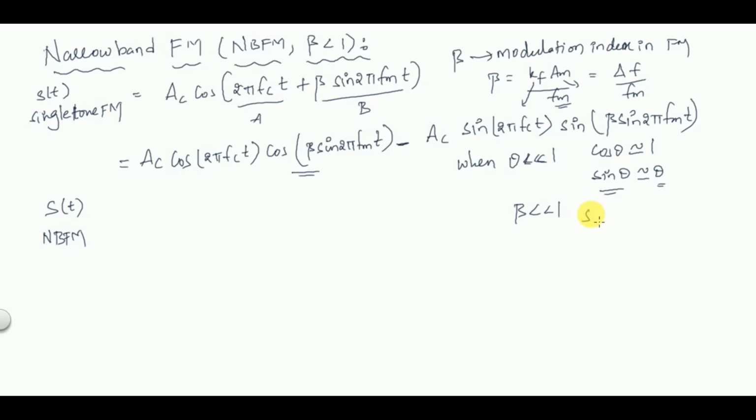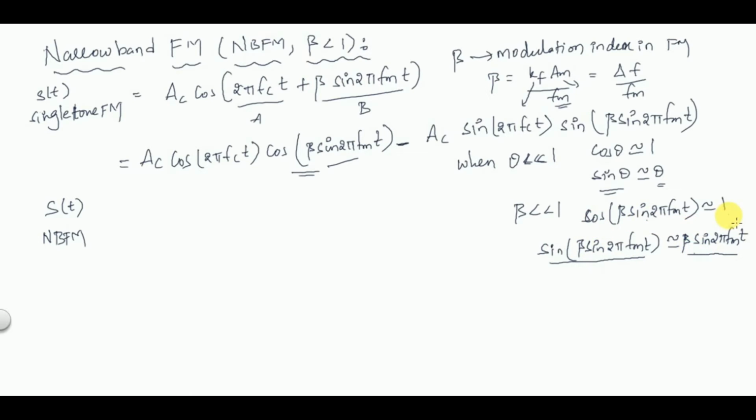When beta is less than 1, cos of beta sine 2 pi fm t is nearly equal to 1, and sine of beta sine 2 pi fm t is nearly equal to beta sine 2 pi fm t, that is, sin theta is equal to theta and cos theta is equal to 1 because beta is less than 1. This is from trigonometry concepts only.